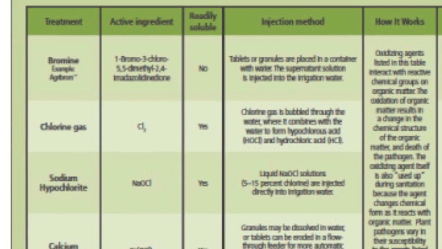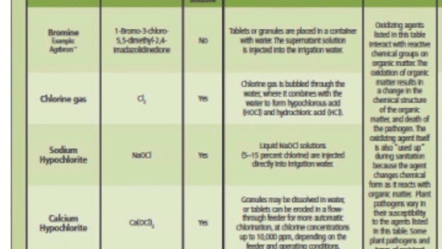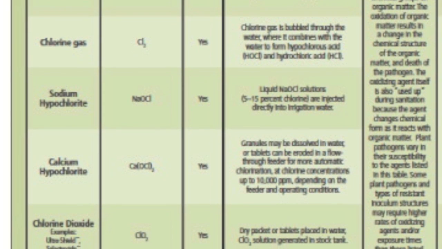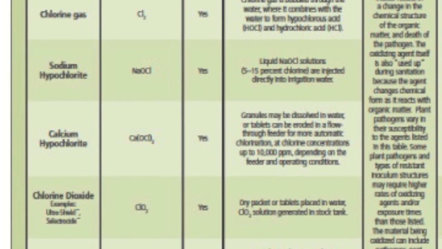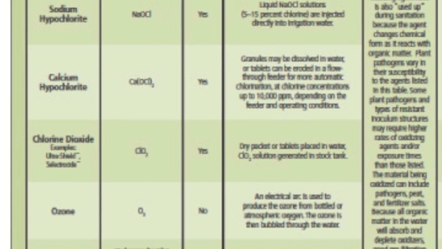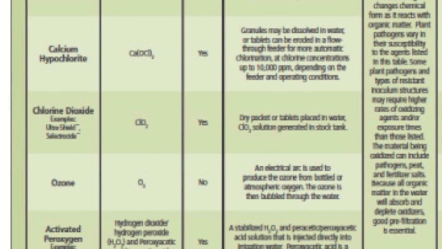You can take your pick. They'll all work, and some of them are very high-tech solutions, others low-tech. Of course, they vary a lot in price, but any one of these would be effective in disinfesting your water.